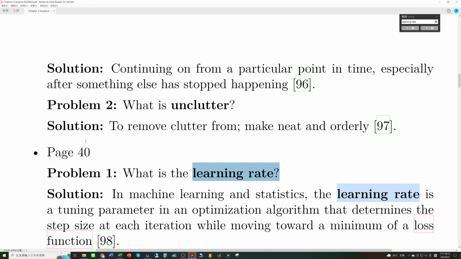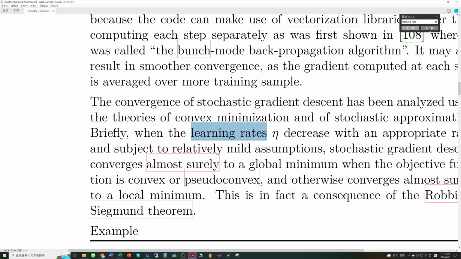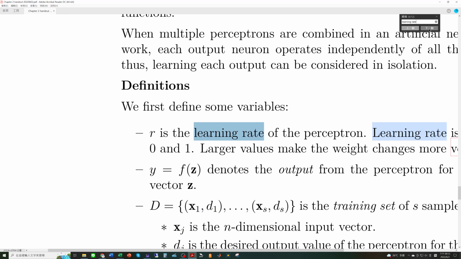You can see on page 40, problem 1, what is the learning rate, and you can review the solution. So let us go back to the learning rate.